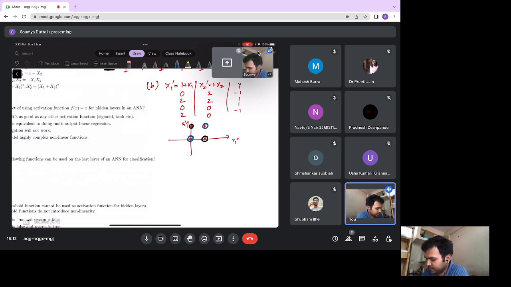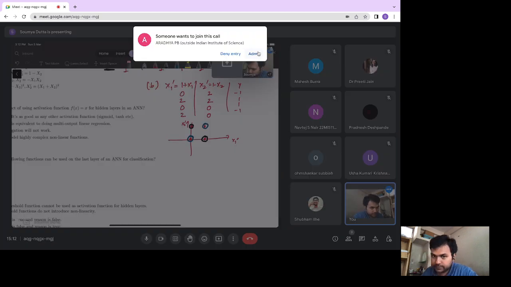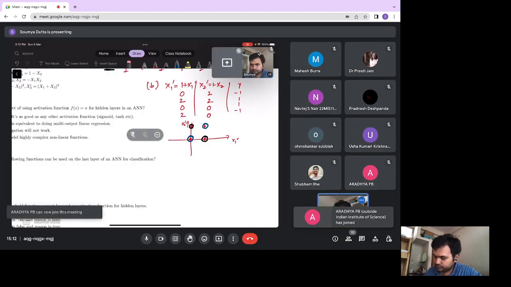And you will find it is not possible for you to separate these. I mean, you cannot find any line which will have 2 of the blue points on one side and 2 of the black points on the other side. So the second option is also not correct.